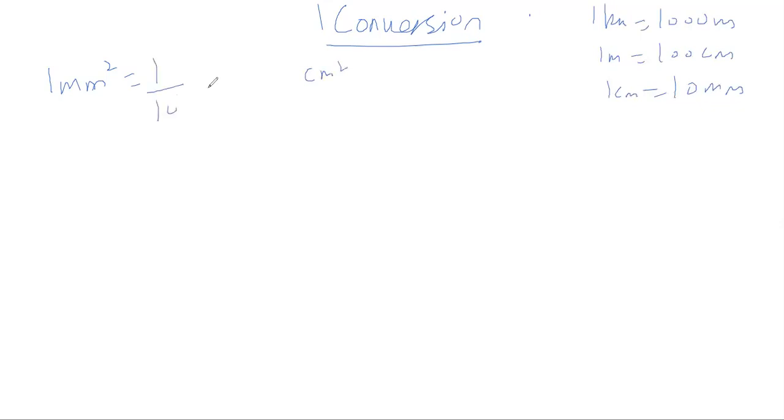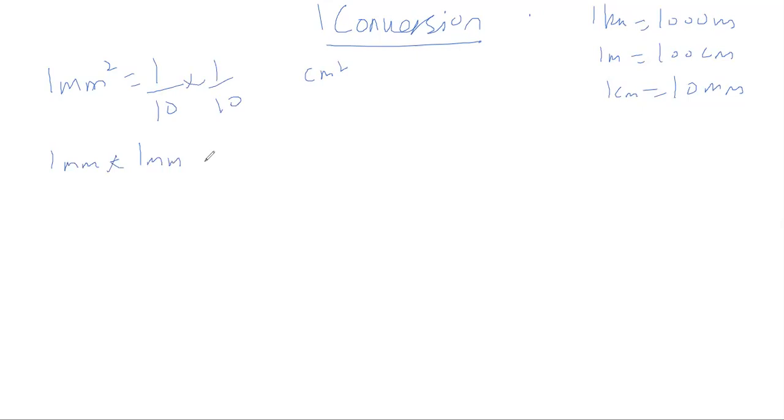Now 1 millimeter square is equal to how many centimeter square? Which I'm writing over here. 1 kilometer is equal to 1000 meters. 1 meter is equal to 100 centimeter, and 1 centimeter is equal to 10 millimeters, right? The reverse process, you know that 1 millimeter square is equal to how many centimeters square? 1 over 10 into 1 over 10, right?